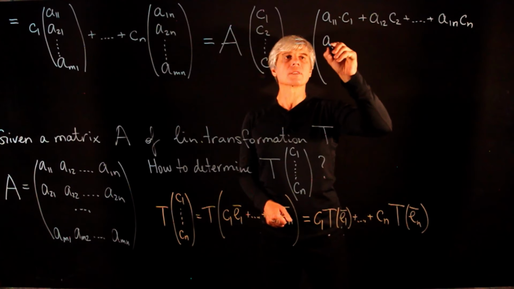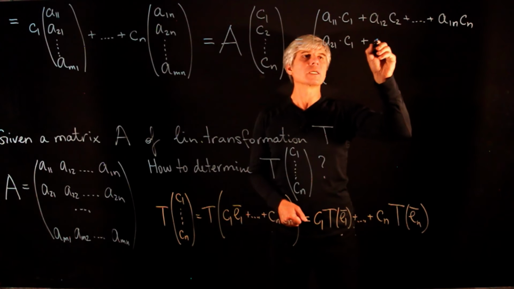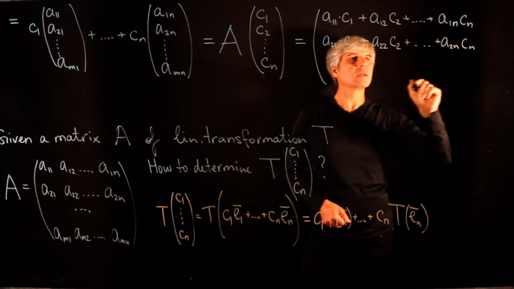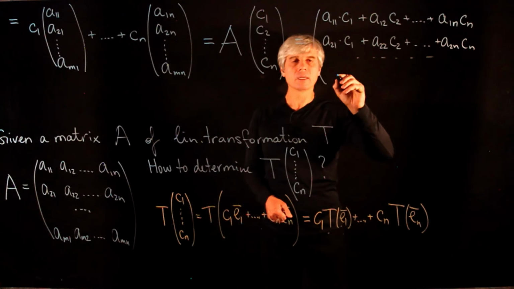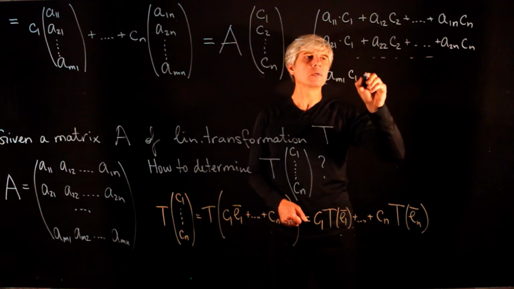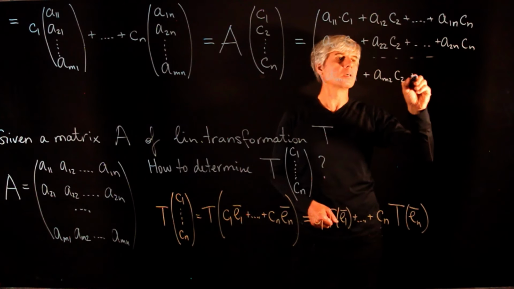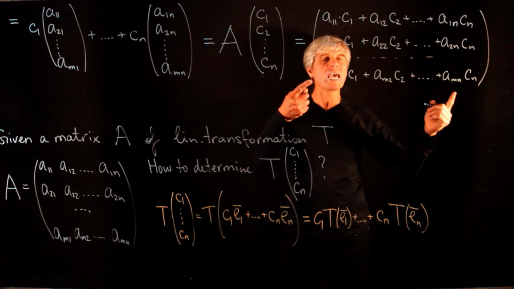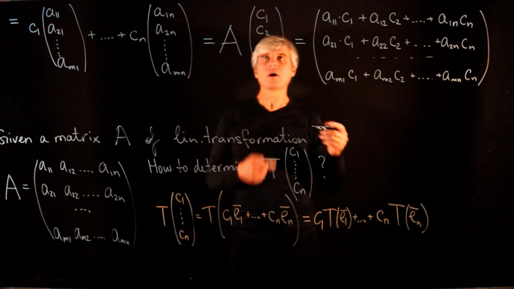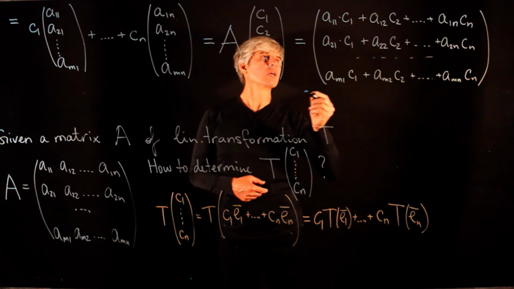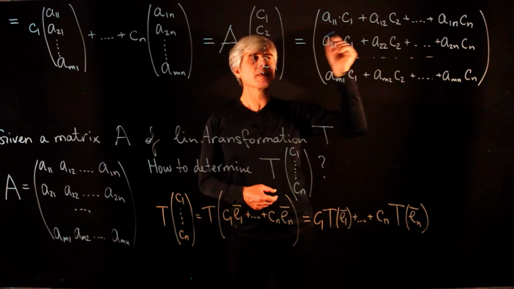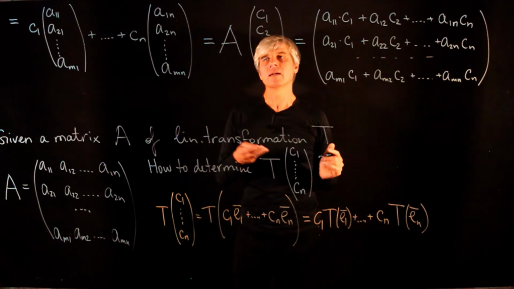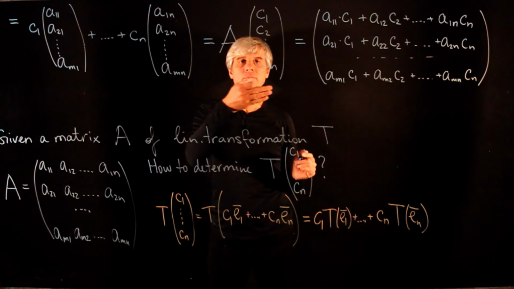The second component is A21 times C1 plus A22 times C2 plus A2n times Cn. And the last component is Am1 times C1 plus Am2 times C2 plus Amn times Cn. This looks exactly like a substitution of this set of values into the left-hand side of a system of linear equations with this matrix. So that's exactly multiplication of a matrix by a vector.